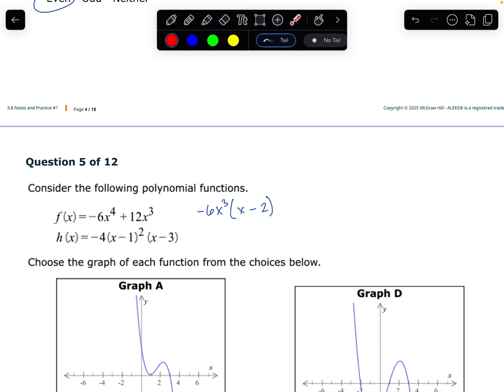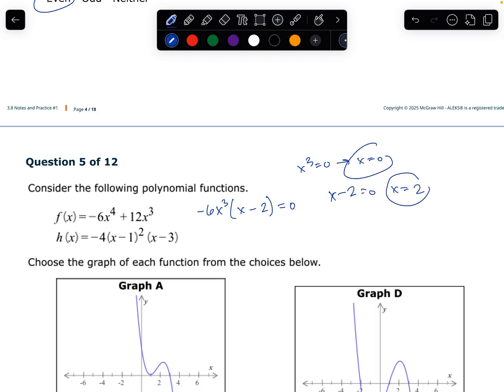So to find the x-intercepts, you set y equal to 0. And if it's equal to 0, you can set both of these factors equal to 0. So if you have x to the third equal to 0, that just simplifies to x equals 0. But then if you have x minus 2 equals 0, you can solve that to be x is equal to 2.